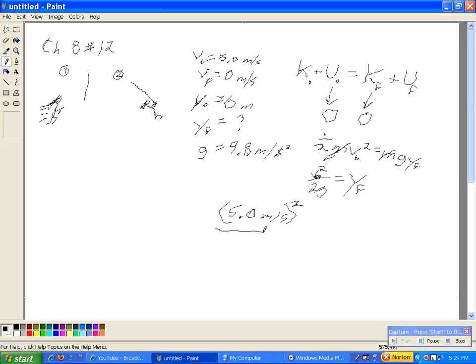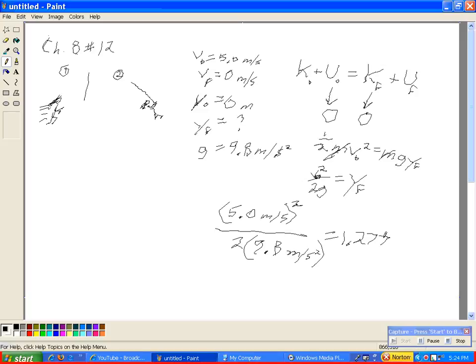And that's over 2 times gravity, which is 9.8 meters per second squared. And that comes to 1.277.